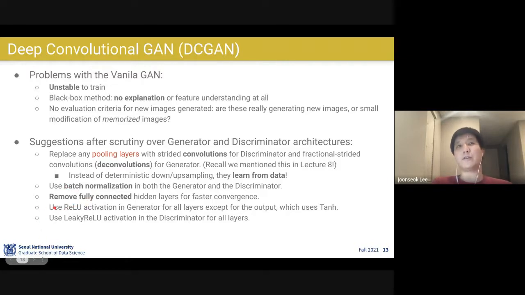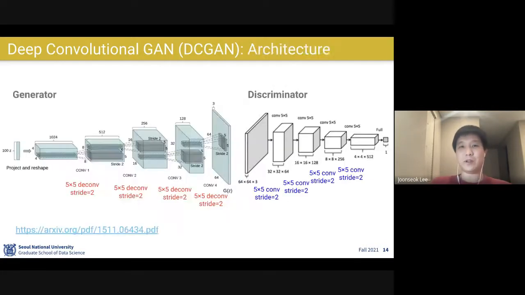All of these are common things these days, but this paper was kind of the first one to apply these things in the GAN model. So I just summarized it here. So yeah, it's their architecture. Starting from some random vector, it applies 4 5 by 5 deconvolution layers, which we learned in the image segmentation lecture, lecture 10.